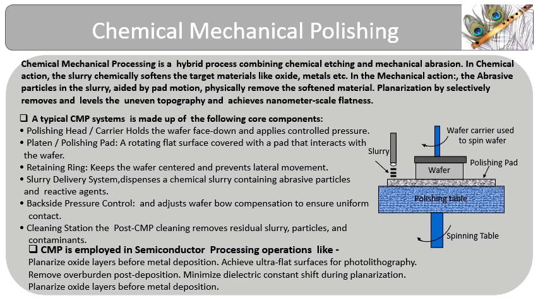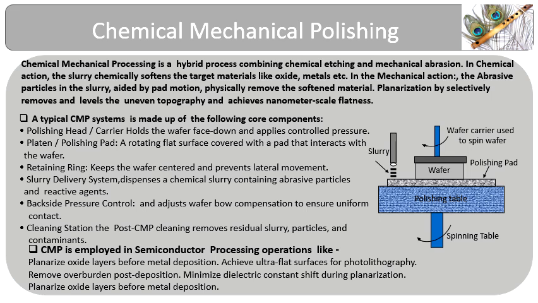Now, let's explore CMP methodology, which is a hybrid process, combining chemical and mechanical operations. The chemical component of the slurry reacts with the wafer surface, softening the target material like oxide, metal, or silicon. Simultaneously, the mechanical component, abrasive particles in the slurry, physically remove the softened material through friction with the pad.